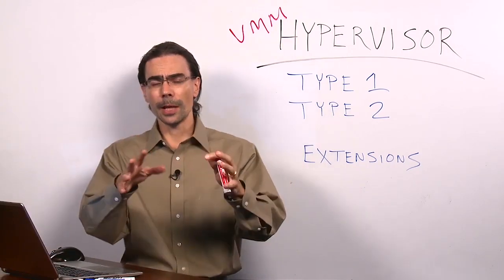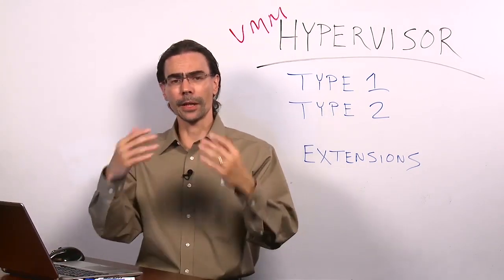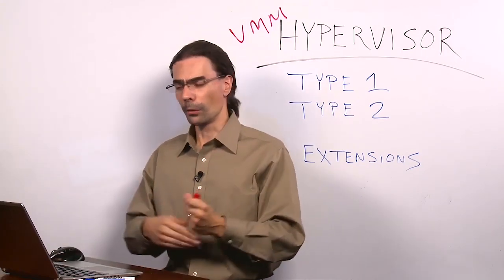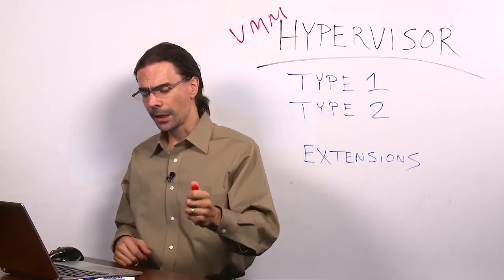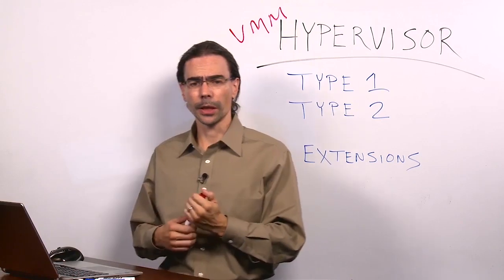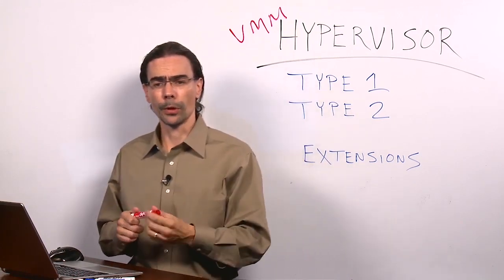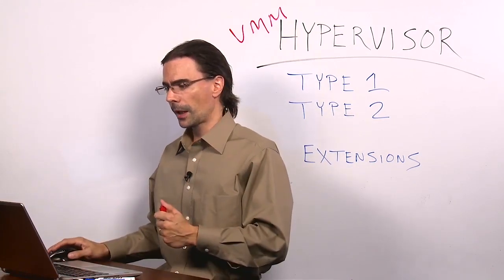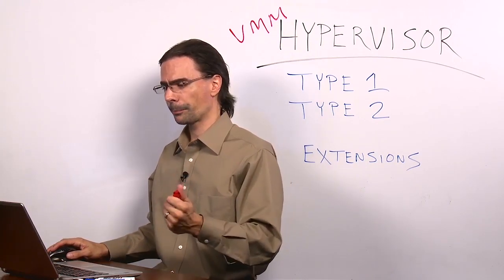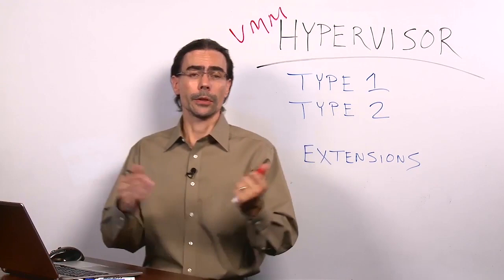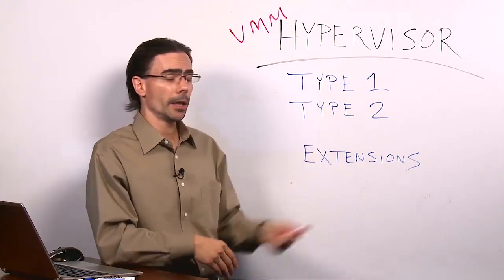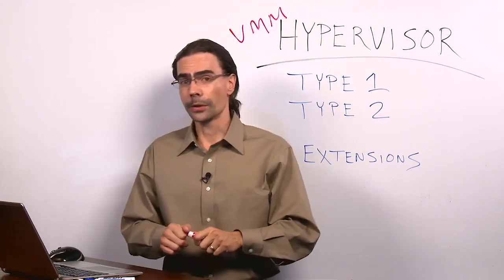So you've seen all the types and you've seen the links there if you want to find out more about them or work with them. Now, Hyper-V for Windows 8 comes with the software if you're running Windows 8 or 8.1 Pro or Enterprise. And Oracle VirtualBox and Windows Virtual PC are free downloads. So you can run a Type 2 hypervisor for free if you want to on your system.